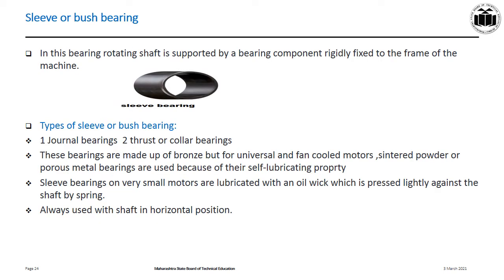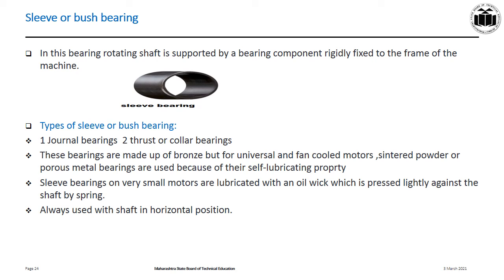In the diagram, the sleeve or bush bearing is shown, in which the rotating shaft is supported by a bearing component rigidly fixed to the frame of a machine. They are of the general bearing type and the thrust or polar bearing type.